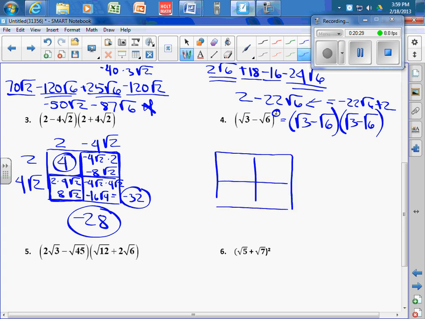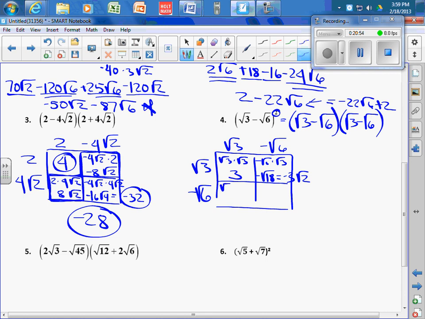So we're going to have radical 3, negative radical 6, radical 3, and negative radical 6. Radical 3 times radical 3 is radical 9, which is 3. Negative radical 6 times radical 3 is negative radical 18, which is negative 3 radical 2.